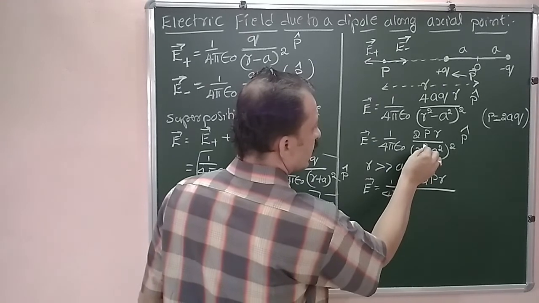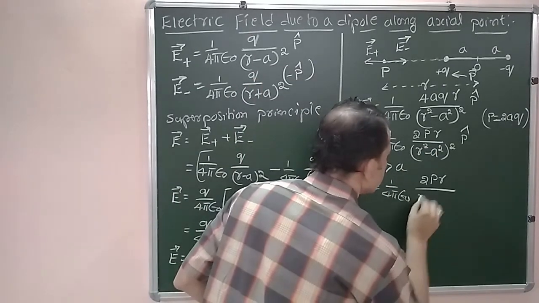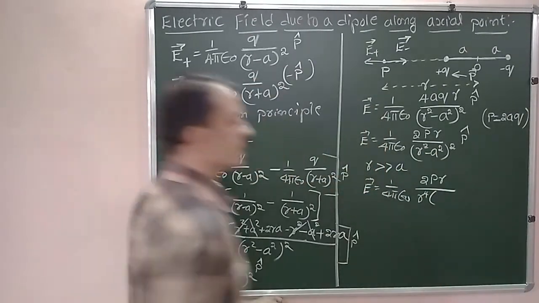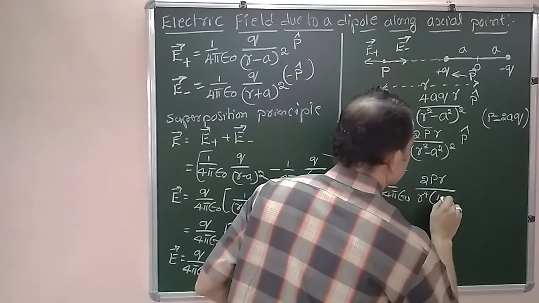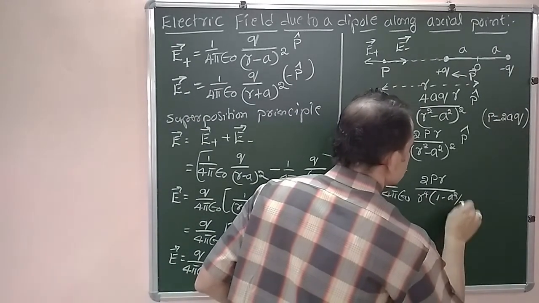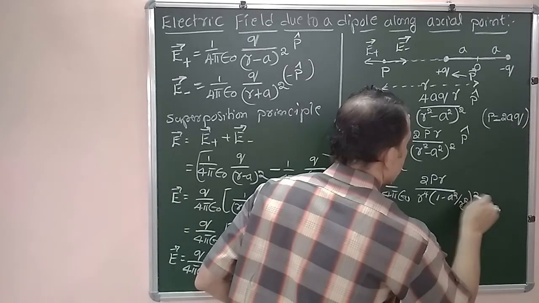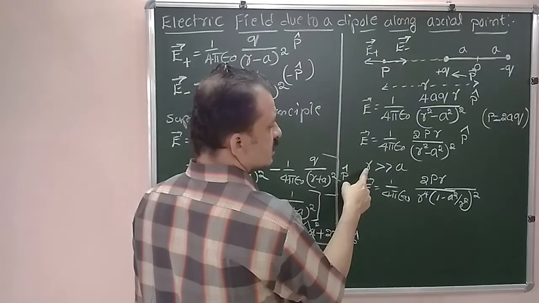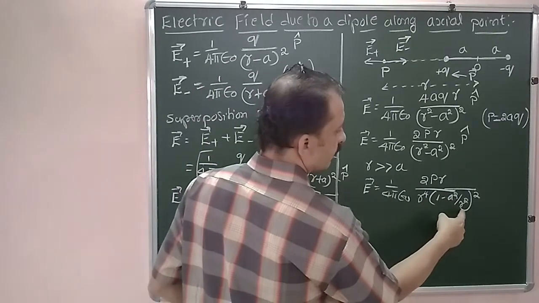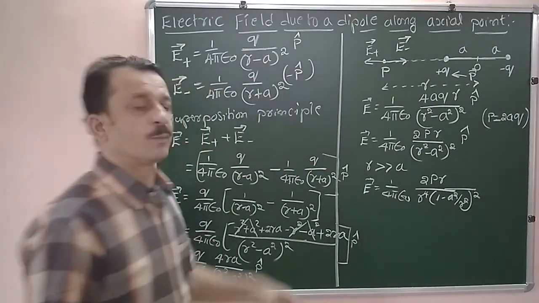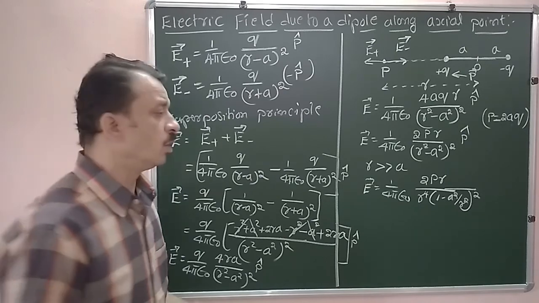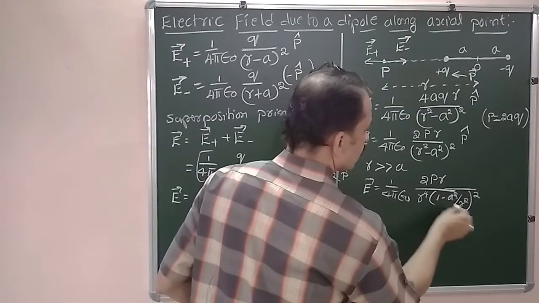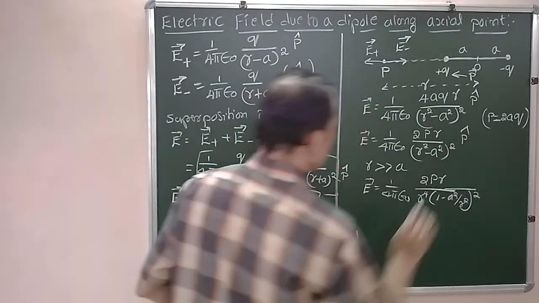If I take R square along with the square, it becomes R to the power of 4. It is taken out. Therefore, it is 1 minus a square by R square, whole square. Since R is very much greater than a, therefore a square by R square is approximately equal to 0. So this term becomes 0. Therefore 1 square is 1.